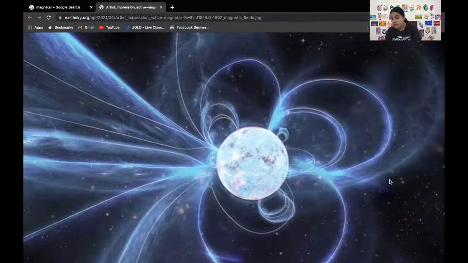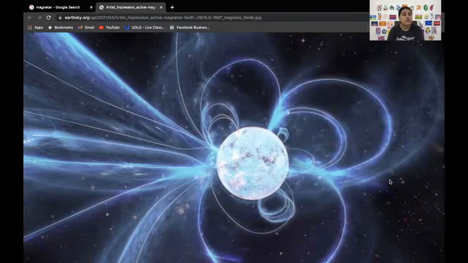If you're looking at the sun or the earth, it's how the internal gases and rocks give the basic magnetic force. In the same way, this star will have interiors that create such pull and such force. I'm explaining this in very simple terms, but obviously there are a lot of gases and elements that make the magnetar what it is.